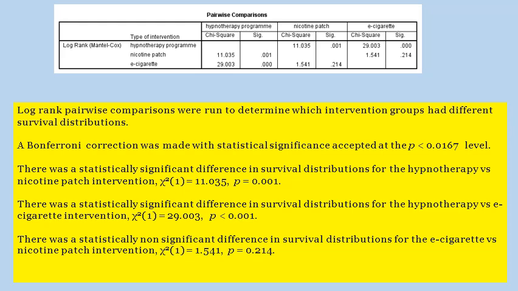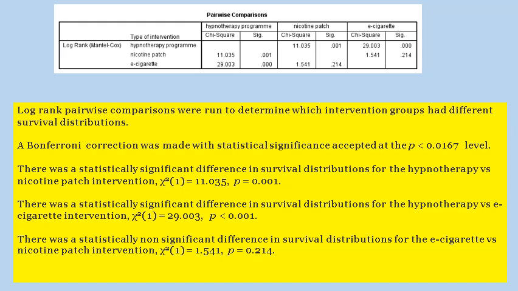There was a statistically significant difference in survival distributions for the hypnotherapy versus nicotine patch intervention, that is, chi-square is 11.035, and the p-value is 0.001. There was a statistically significant difference in survival distribution for the hypnotherapy versus e-cigarette intervention.